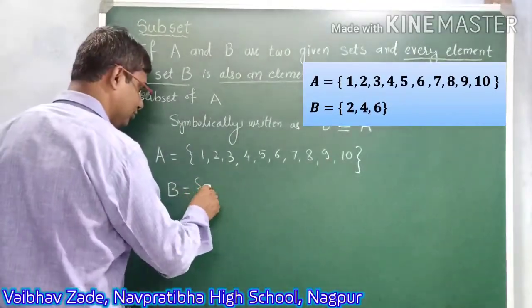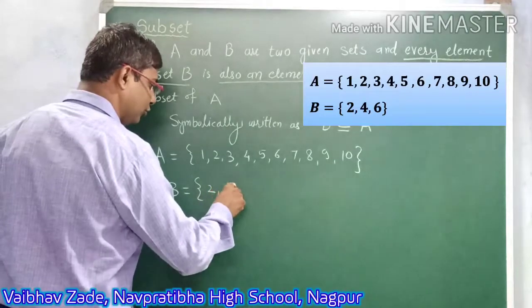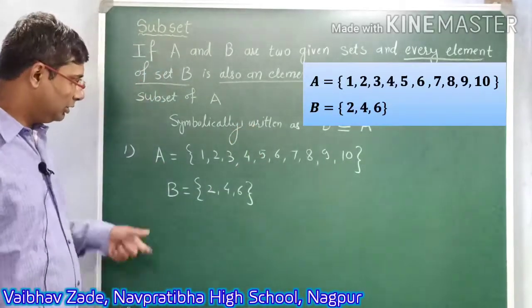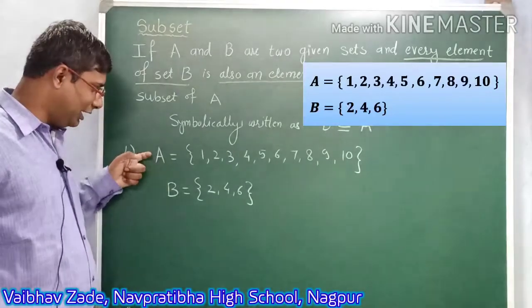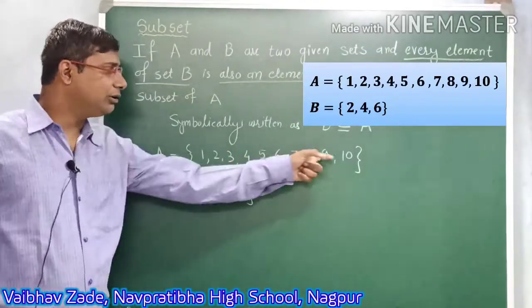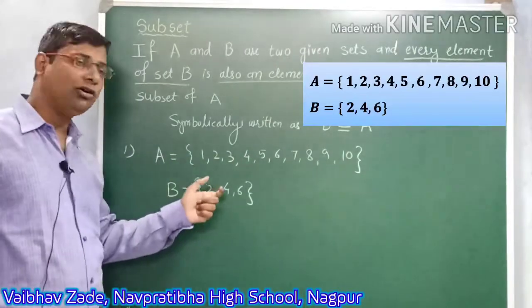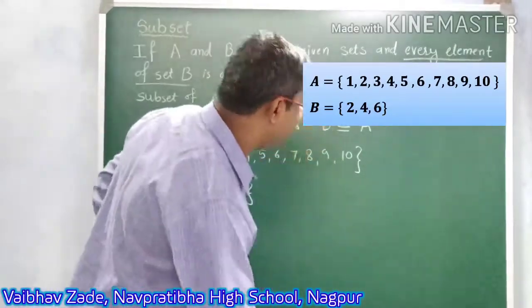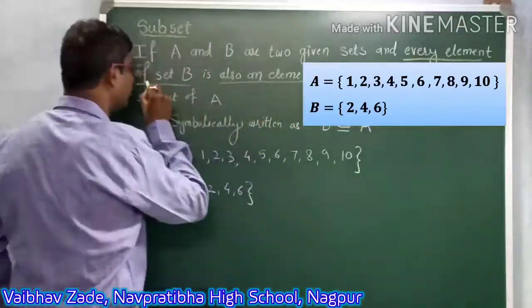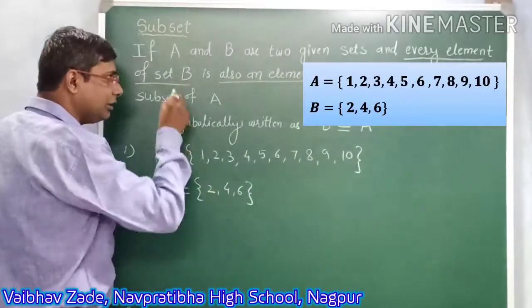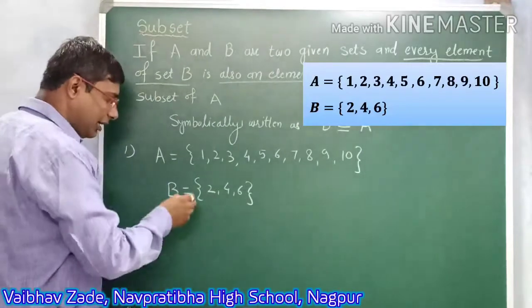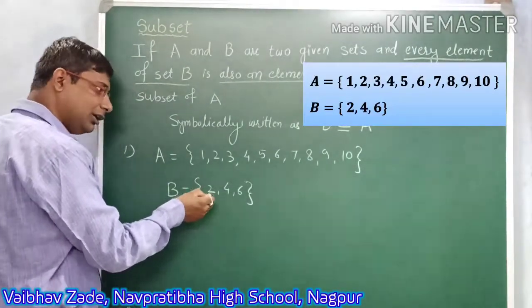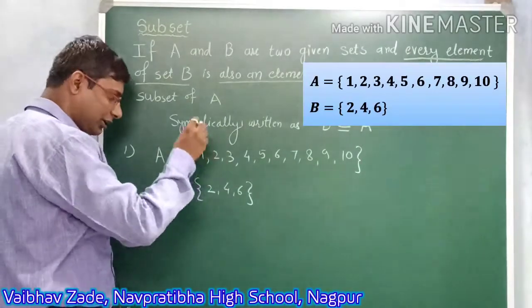Set B equals 2, 4, 6. Now I compare these two sets, set A and set B. Set A has 10 elements and set B has 3 elements. Now I check whether every element of set B is also an element of set A. It means I have to check that every element of set B is present in set A.